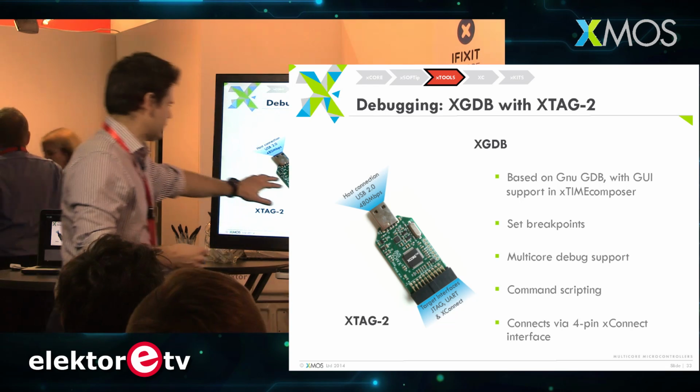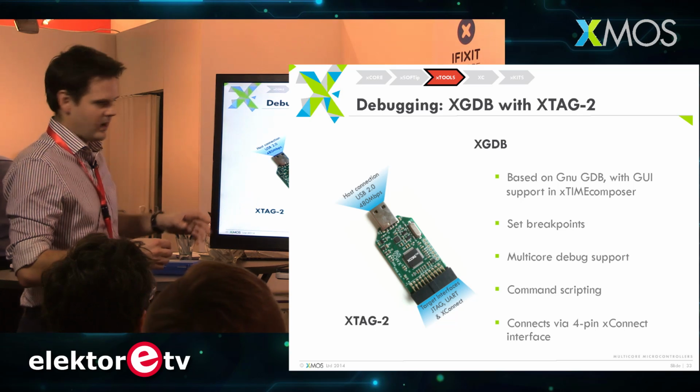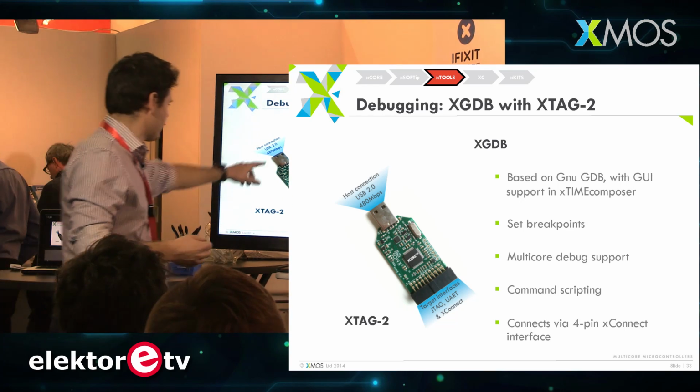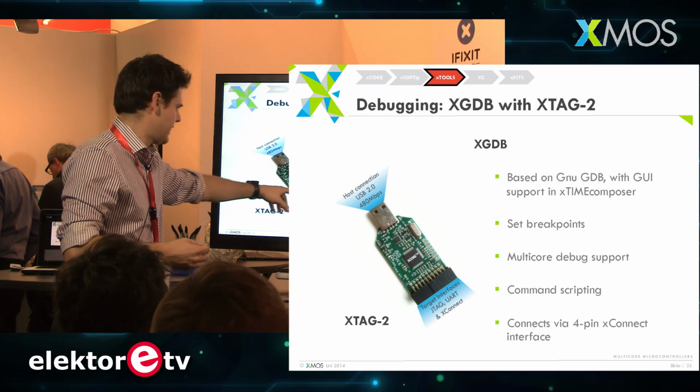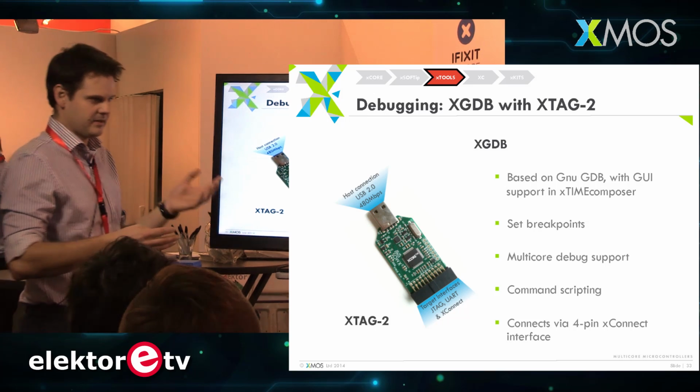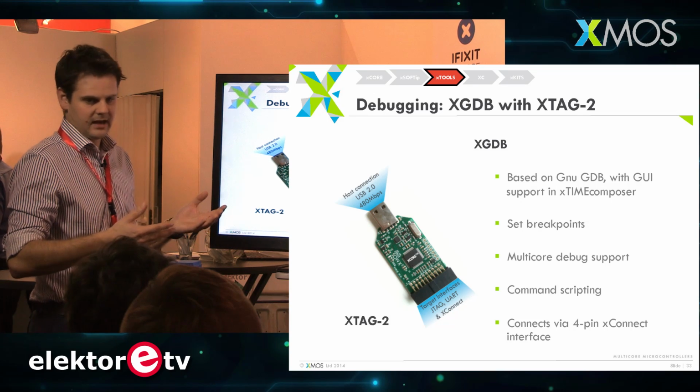So this is our debug adapter, which uses one of our devices, in fact. It connects via USB to JTAG, so our device in this instance basically implements a USB to JTAG connection.